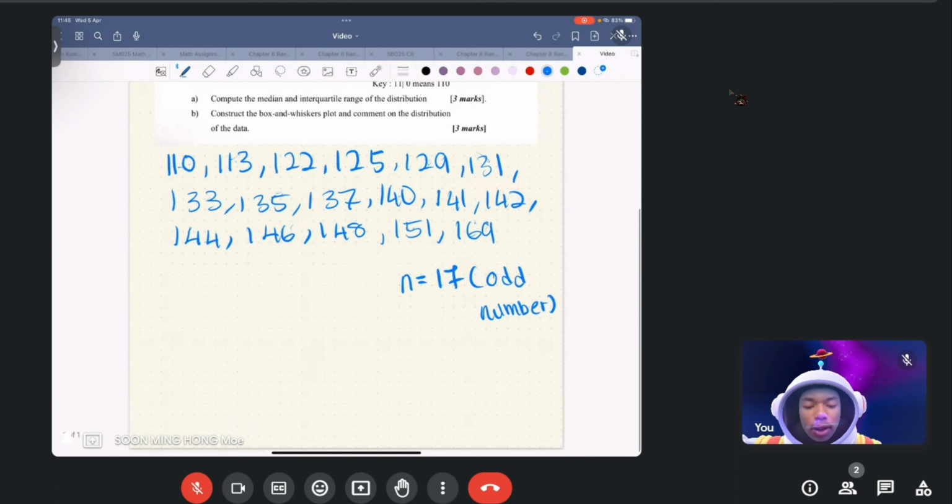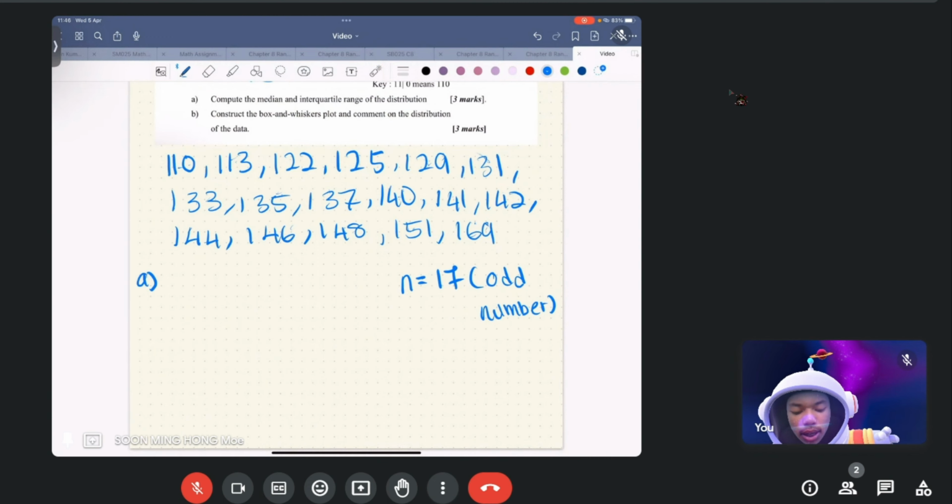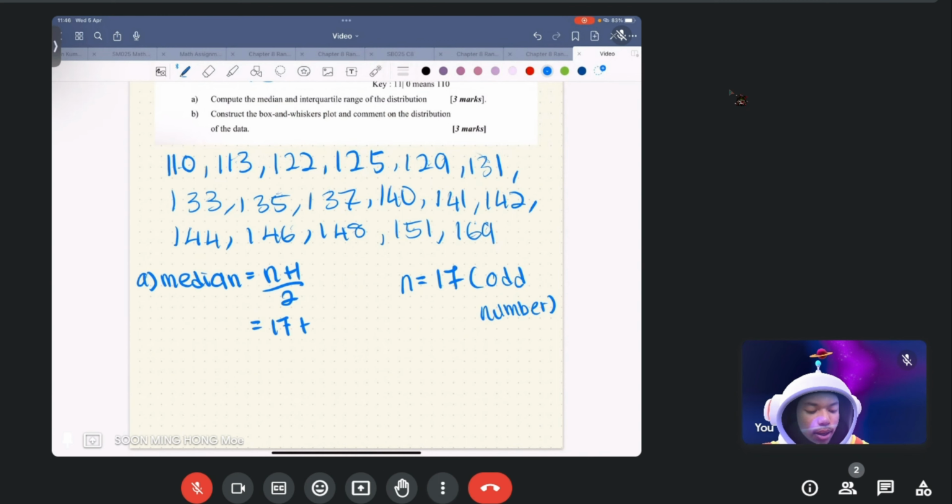So for the median, the question median is 17, odd number. So the median formula for the odd number is median equals n plus 1 over 2. So our n is 17 plus 1 divided by 2.